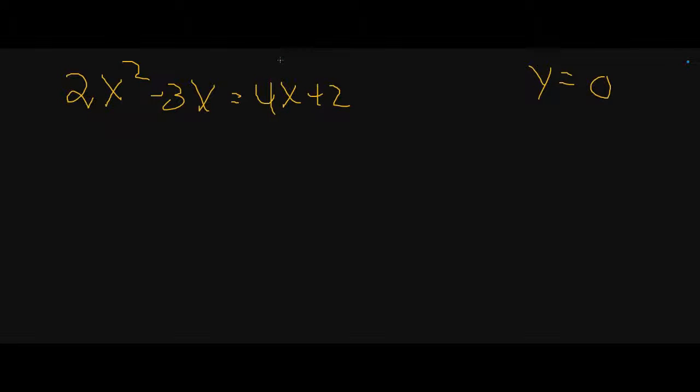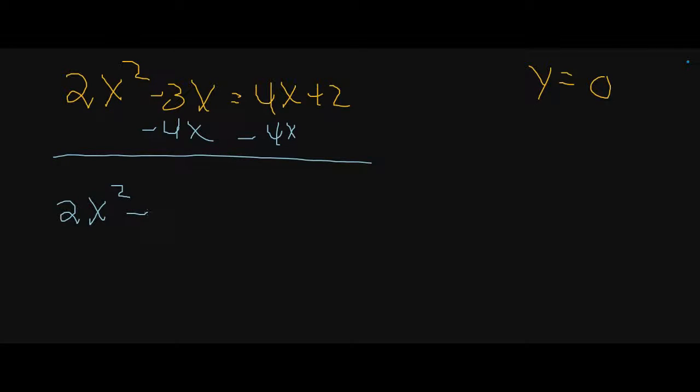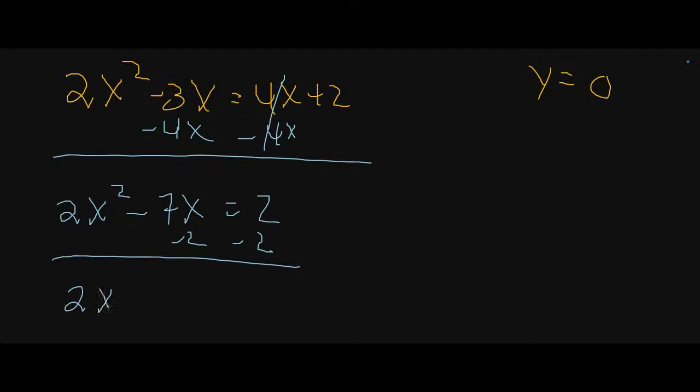We just want it to be equal to 0, because that's where our roots occur. So you need to make sure you move everything to one side. For example, you subtract 4x from both sides, and we get 2x squared minus 7x is equal to 2. Next, we subtract 2 from both sides, and we get 2x squared minus 7x minus 2 is equal to 0.